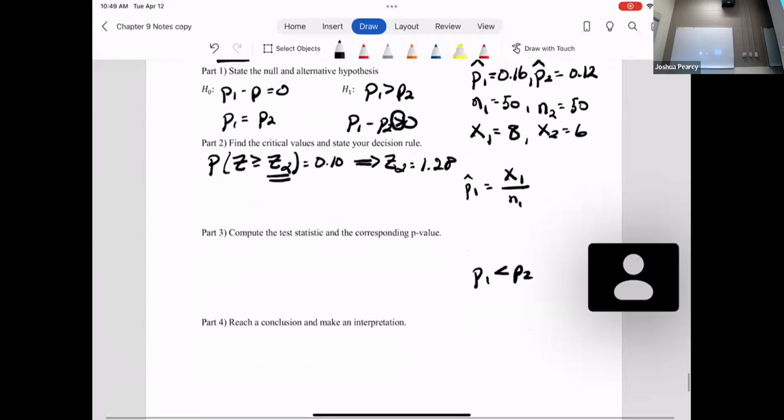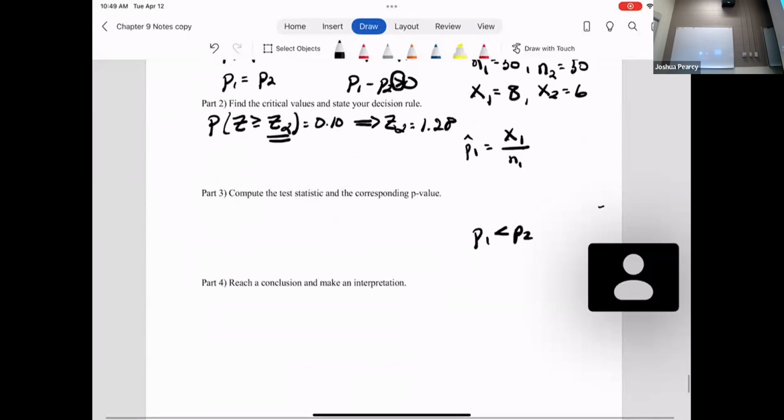Then, writing the decision rule for a right-tailed test: reject the null hypothesis if you get a z-test statistic greater than the critical value, greater than 1.28.